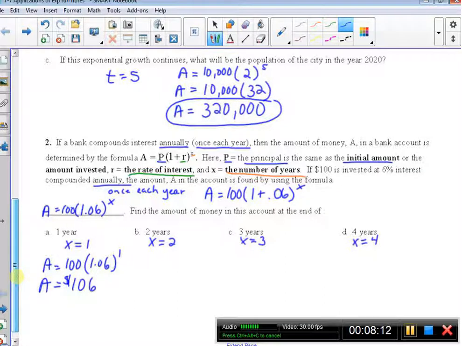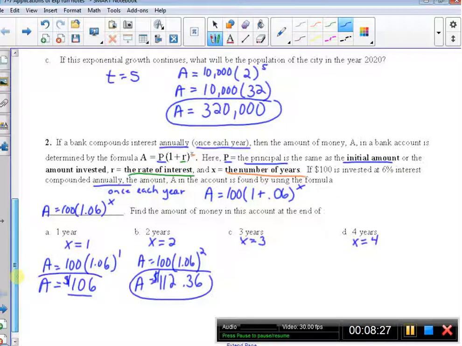At the end of the second year, we would have 100 times 1.06 to the second, 112.36. The end of the third year, 100 times 1.06 to the third.